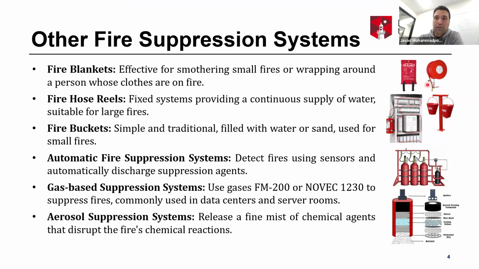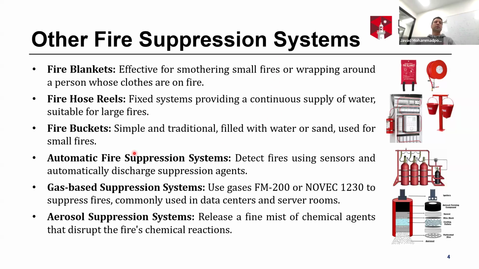And also we have the fire hose reels, which are inside the wall, and definitely you have seen them. There is a red box. This system provides a continuous supply of water suitable for large fires.